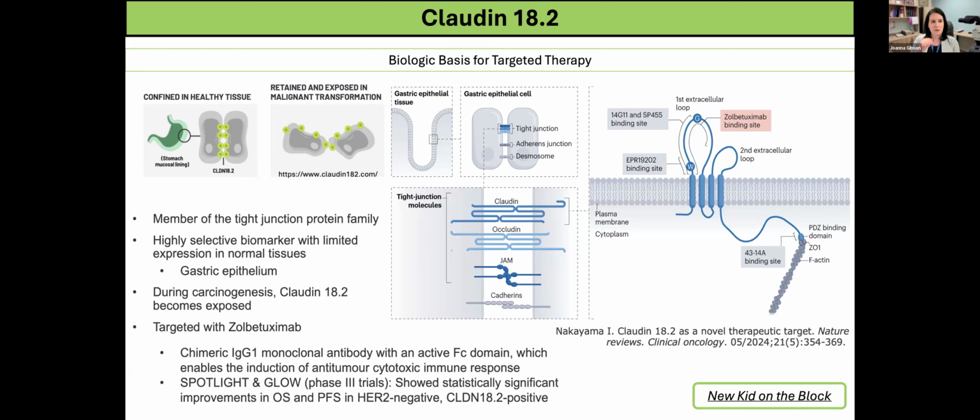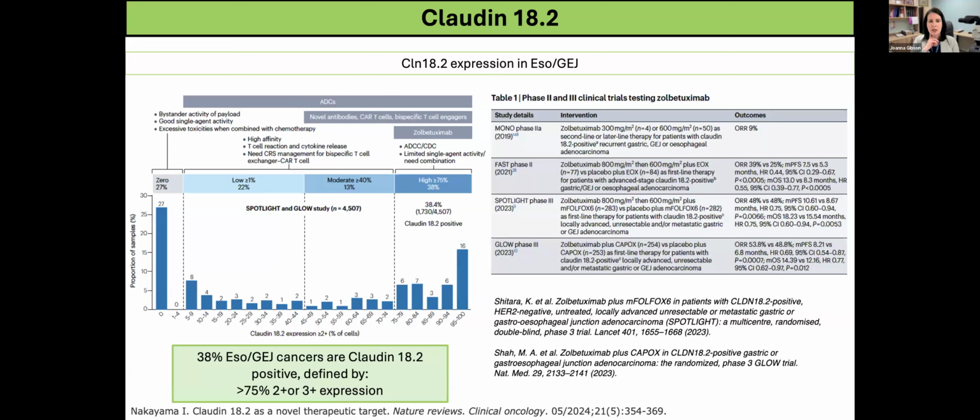protein. And what do we know about expression of Claudin 18.2 in esophagus or GJ cancers? In one study, based on a positivity of greater than 75% 2+ or 3+ expression, we find positivity in about 38% of cancers.